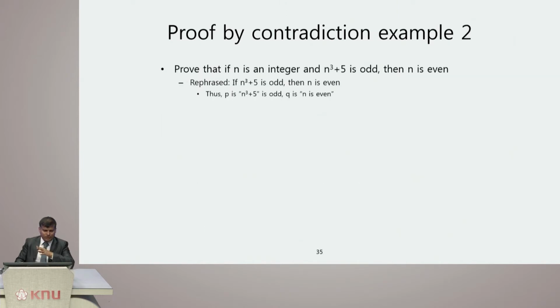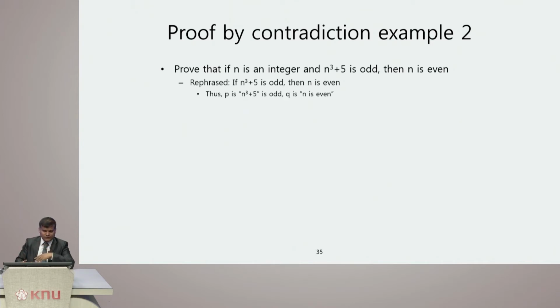Yes, proof by contradiction is quite a valid way to prove by means of using contradiction principles. Let's see this example. Prove that if n is an integer and n cube plus 5 is odd, then n is even. So this is what we have to prove. Let's try to rephrase this.